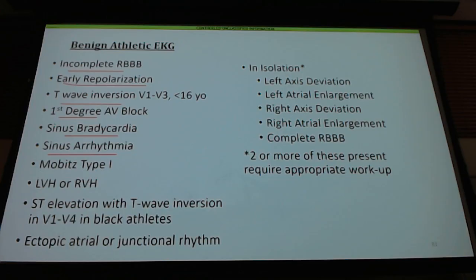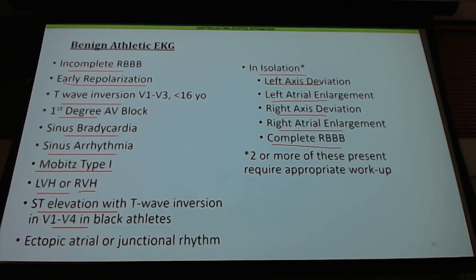Sinus arrhythmia, Mobitz type 1, LVH or right ventricular hypertrophy, ST elevations with T-wave inversions in V1 through V4 in black athletes, ectopic atrial or junctional rhythms. In isolation, you may have a left axis deviation, a left atrial enlargement, or a right axis deviation or a right atrial enlargement, or even a complete right bundle branch block.